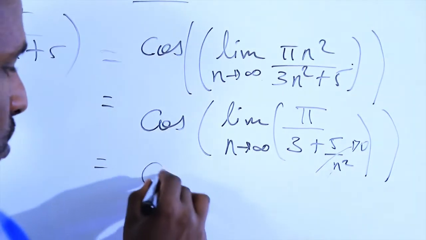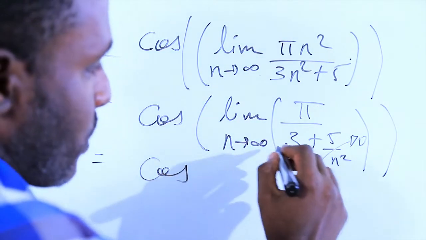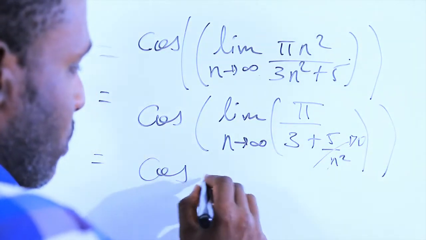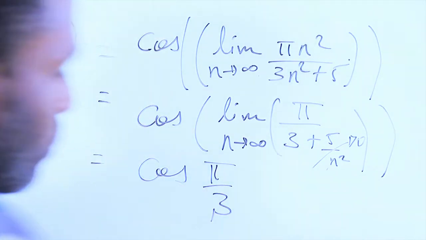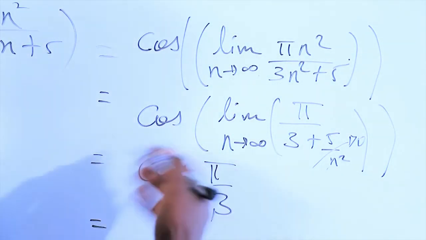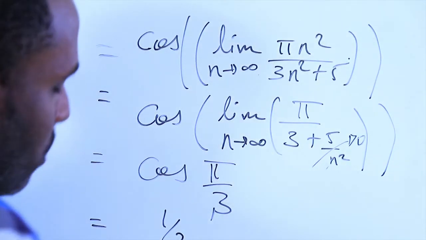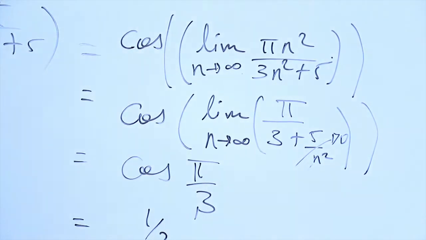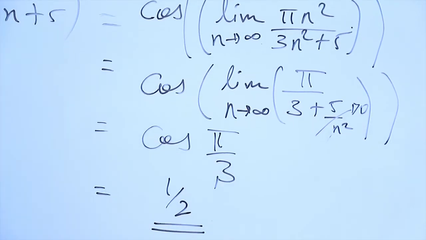So the function value is cosine of pi over 3 plus 0, which is simply pi over 3. So the limit is cosine of pi over 3, which as a trigonometric value is equal to 1 over 2. So the limit converges to a fixed real number, 1 over 2.